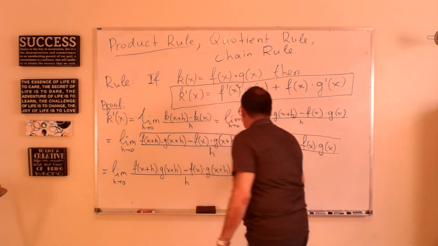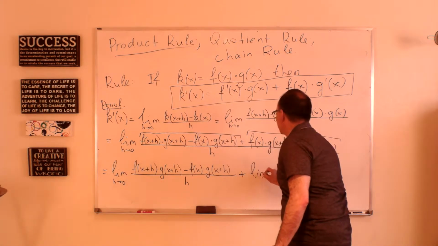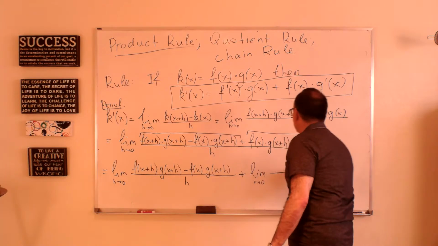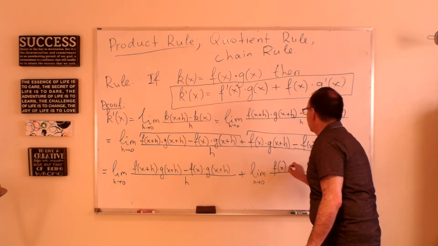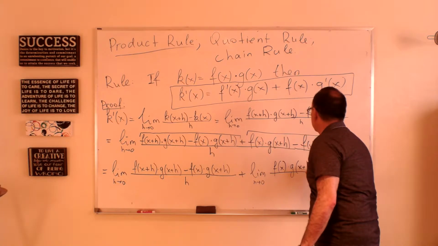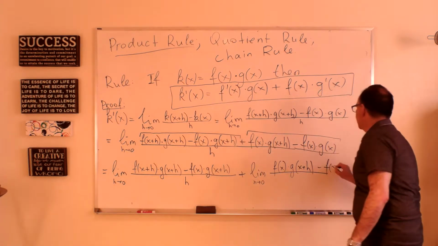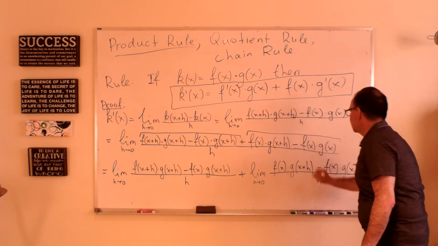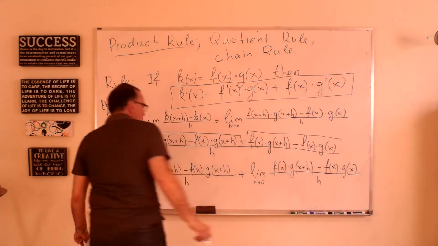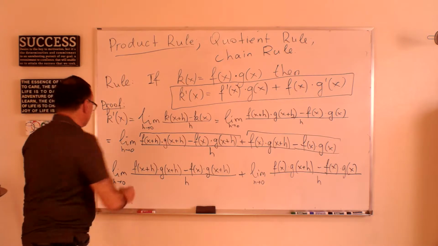And plus, and now I will express it as a separate limit. This minus this, so f of x times g of x plus h minus f of x times g of x over h. And now I will calculate each limit individually.